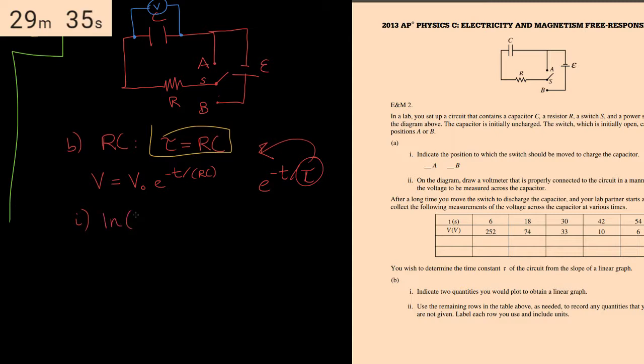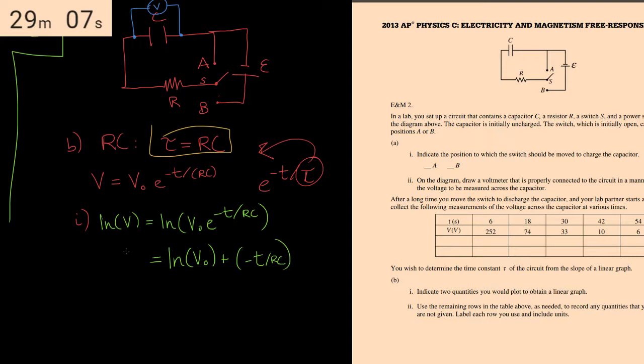You get that the natural log of v is equal to the natural log of v naught e to the negative t over RC. On the right-hand side, for the multiplication of two things in a logarithm, take them out. You get the natural log of v naught plus the natural log of e to the negative t over RC, which is just negative t over RC.